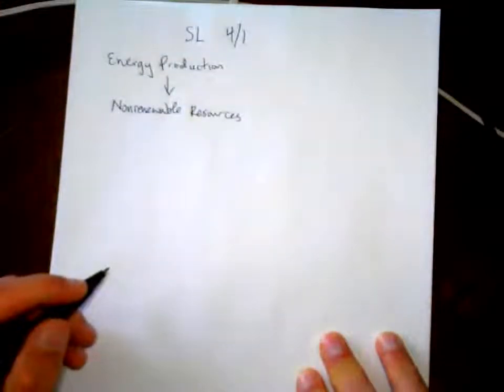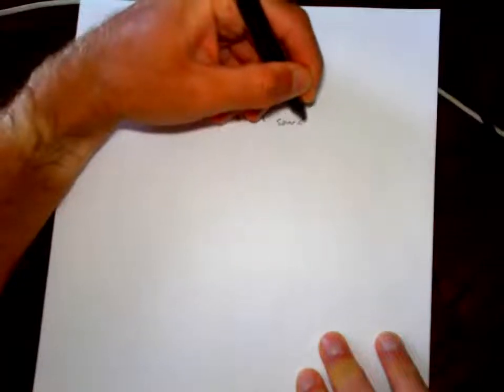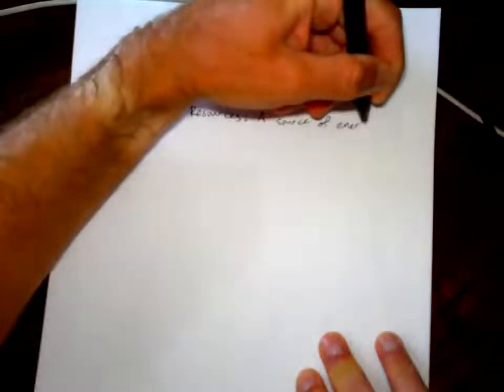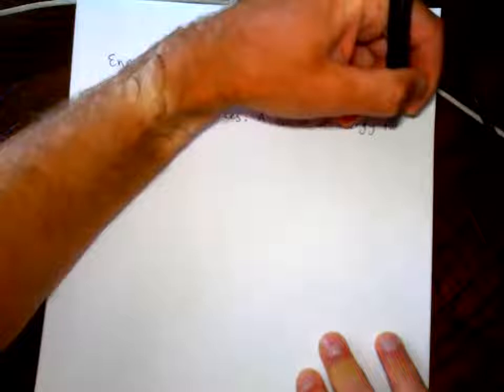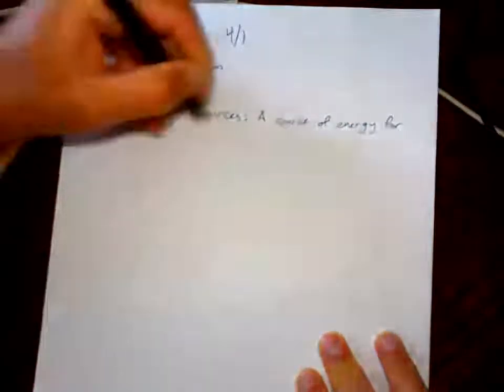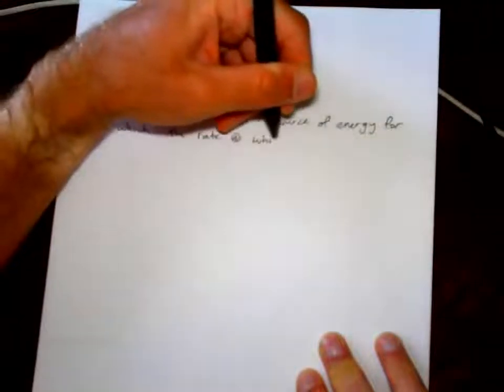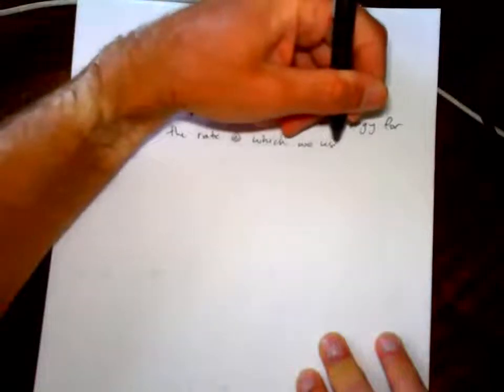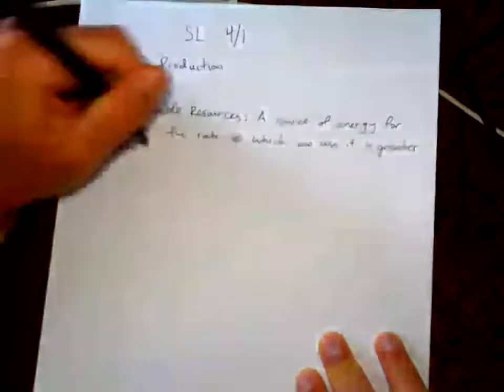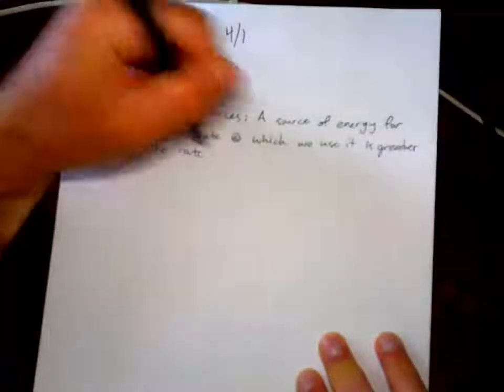And so what a non-renewable resource is, it's basically a source of energy for which the rate at which we use it is greater than the rate it is replenished.